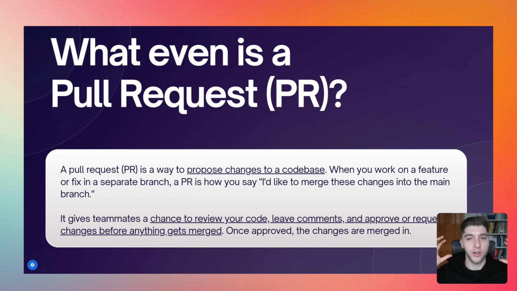That is essentially the concept behind a pull request. It gives teammates a chance to review your code, leave comments, and approve or request changes before anything gets merged onto the main branch. And once your branch is approved, the changes are merged into the main branch of the project.